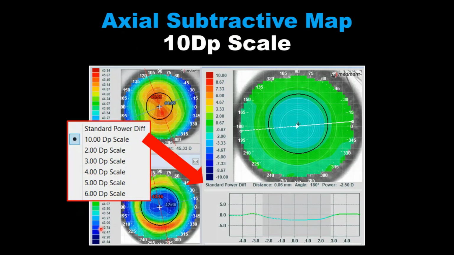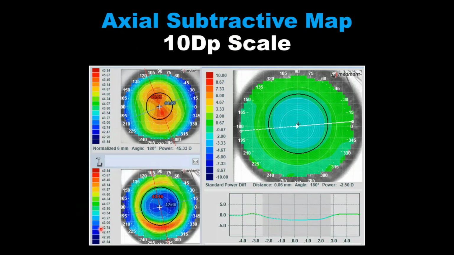Let's switch gears and talk about orthokeratology. Of course, topography is used so routinely in corneal topography analysis, both pre-fitting and post-fitting. The way the instrument is set up, you have a scale in your subtractive map of approximately +10 to -10.